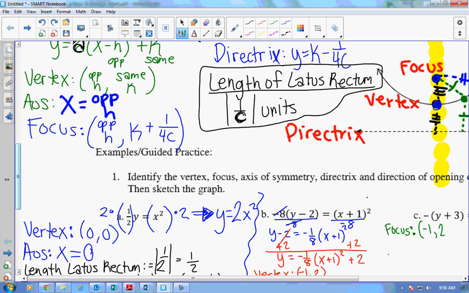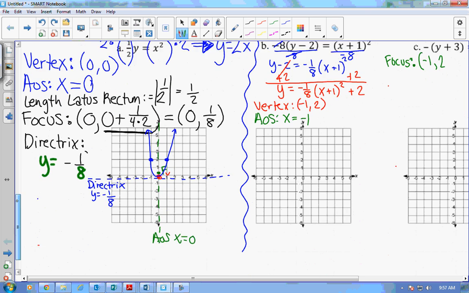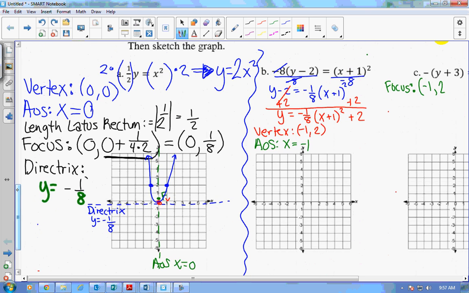I should change that, so we just use a. What was the a? -1/8. So we need 2 plus 1 over 4 times -1/8.